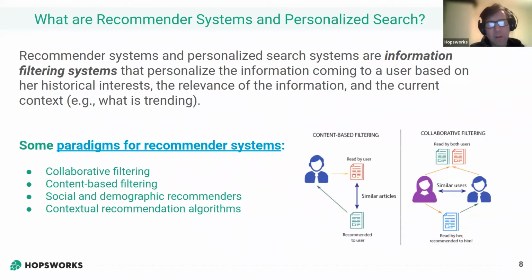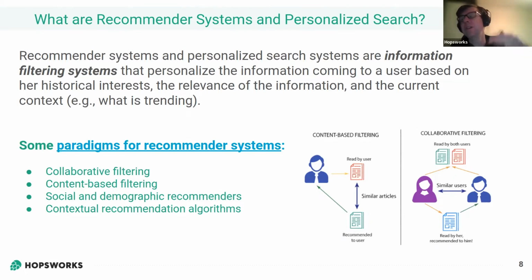Some of the paradigms for recommender systems that are quite popular out there are things like collaborative filtering. You've looked at some content, maybe you've read this piece of content, and the system can recommend similar pieces of content. That's called content-based filtering. Collaborative filtering can also say, this other user read this content that you read, maybe you should look at that. Actually, if you search on YouTube, you get a mix of different recommenders.